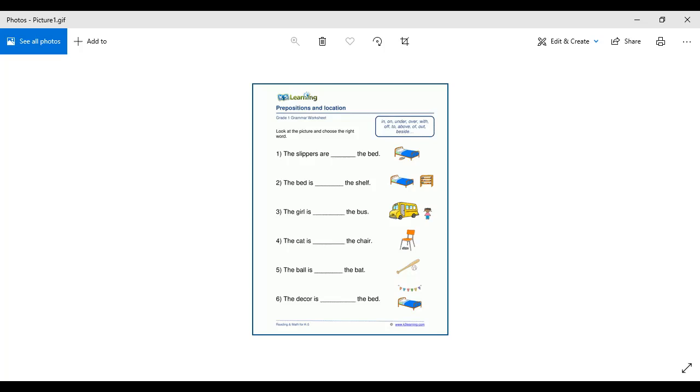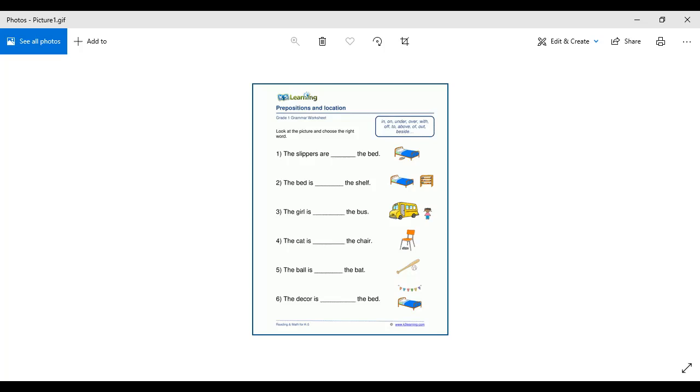So these are also some common prepositions that we use on a daily basis: in, on, above, beside, under. Got it? So is this clear up till now? Any confusion? Should we move forward?